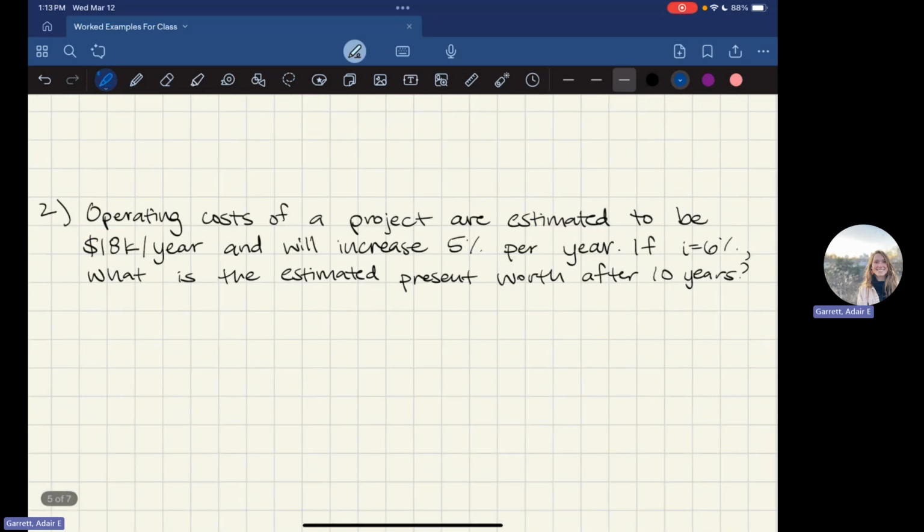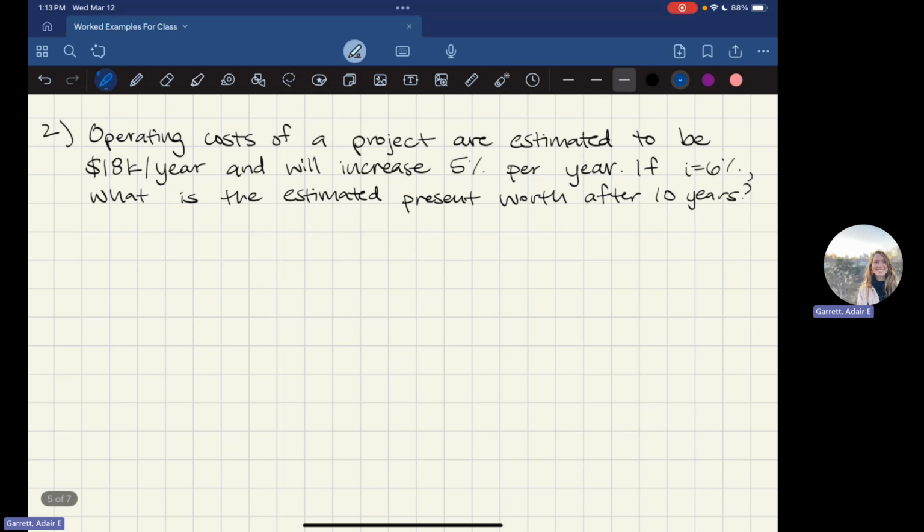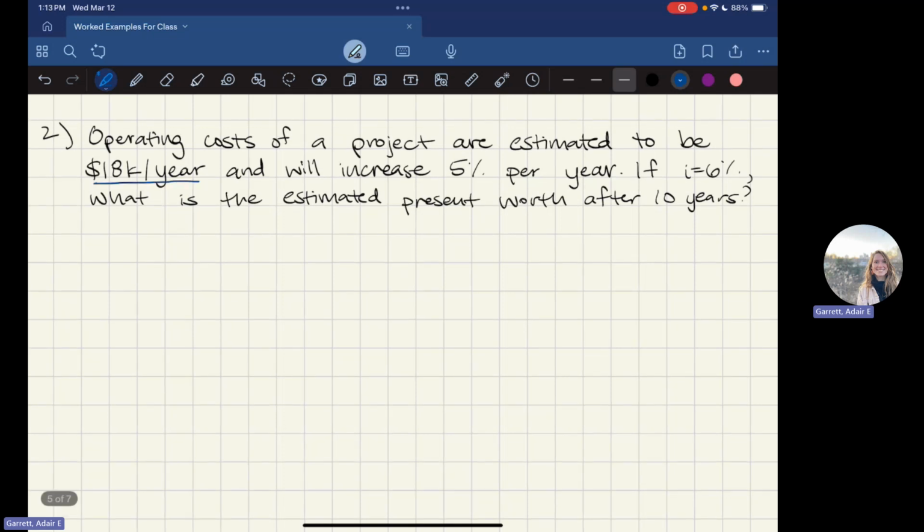Let's go to our next problem, which asks, what is the present worth of a project where the operating costs are estimated to be 18K per year and will increase by 5% per year. If I is equal to 6%, what is the estimated present worth after 10 years? So again, let's start by figuring out what we know.